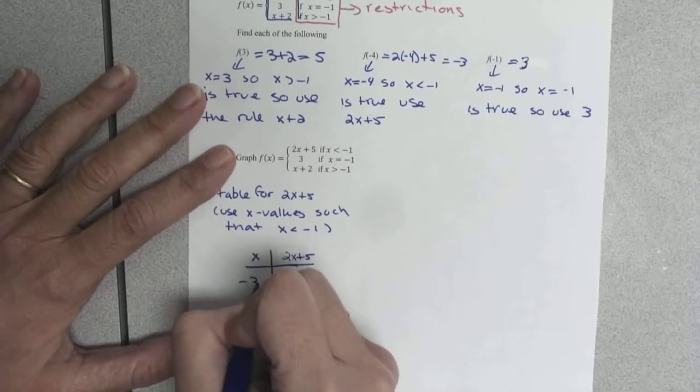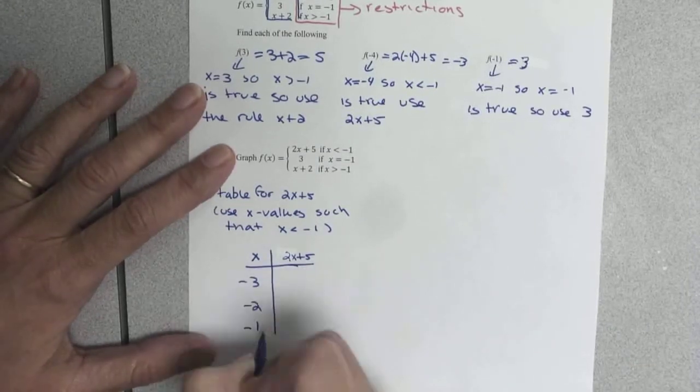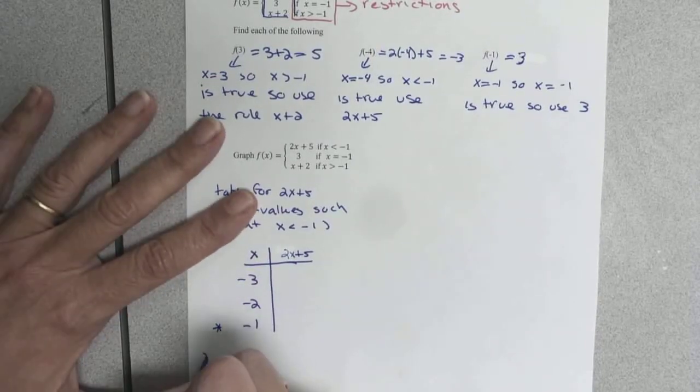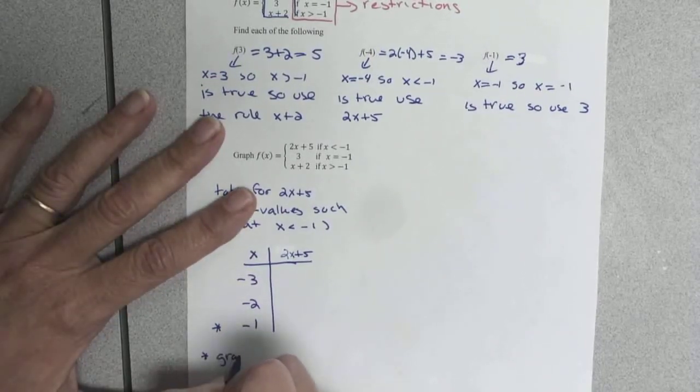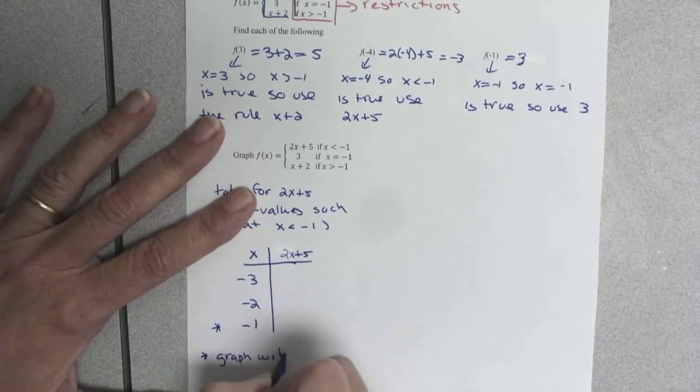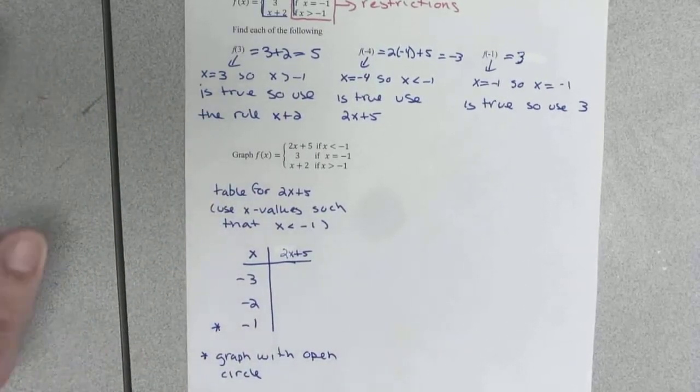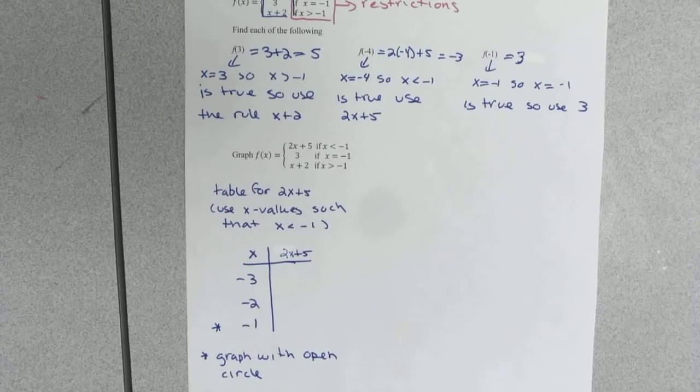And I'm going to do -3, -2, -1. Well, -1 is not less than -1, so I shouldn't be using it. That's why I have little asterisks. And that little asterisk will mean graph with open circle, because I shouldn't be using -1. I should be using things only less than -1, but I want an absolutely complete graph.